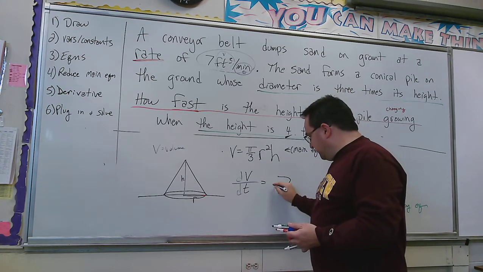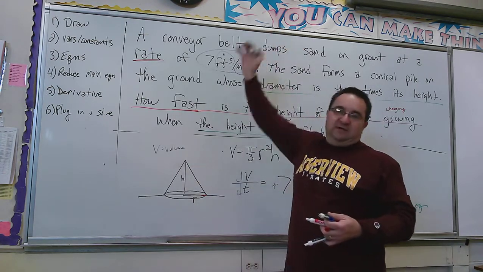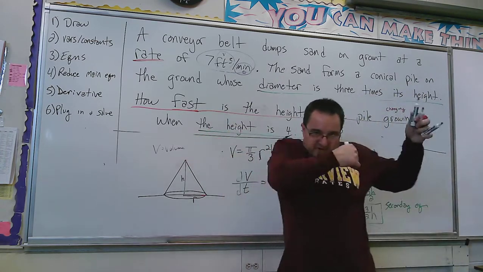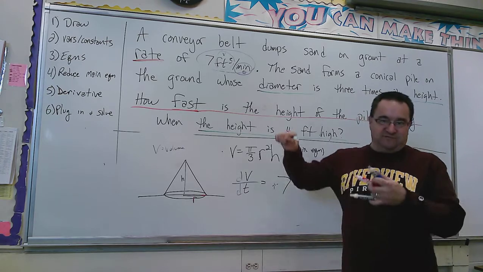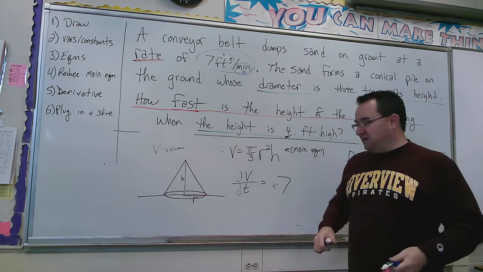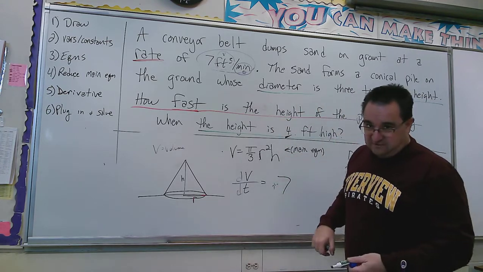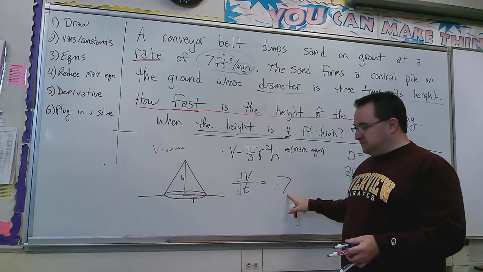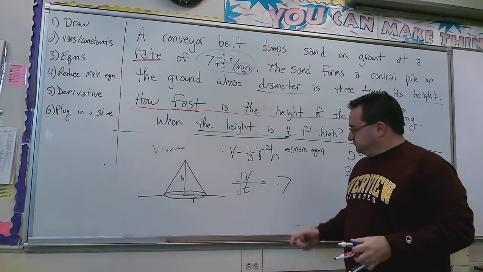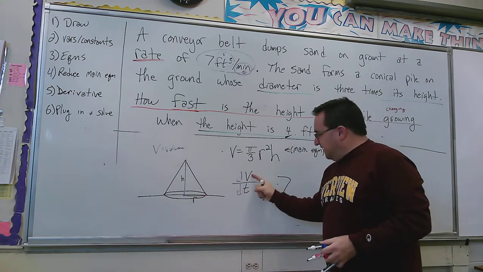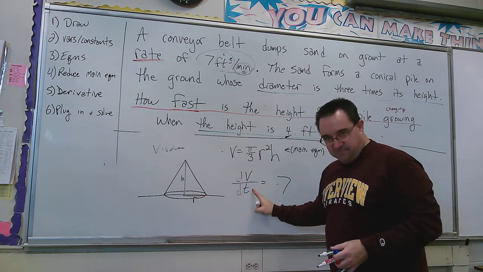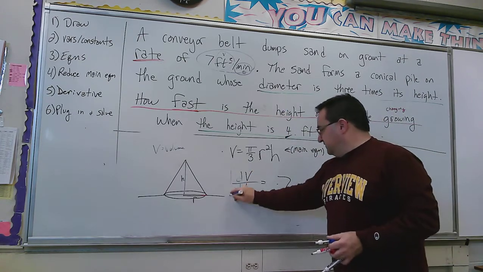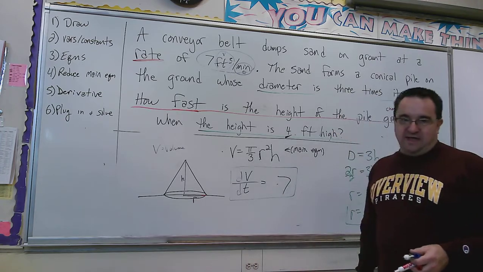Now, by the way, that's positive because it's growing 7 cubic feet per minute. If I was shoveling it off, right, then it might be minus 7. If I'm taking that volume away, then it's negative. If I'm adding to that volume, it's positive. So, see this right here? dV dt equals 7. Here's the words. The rate, the volume changes over time, is 7 cubic feet per minute. So this is a given. We're going to need that.